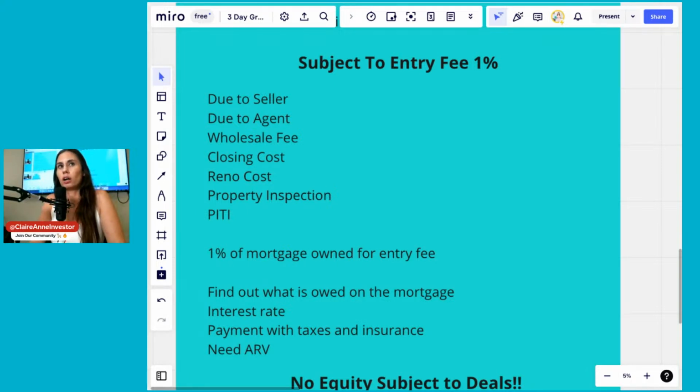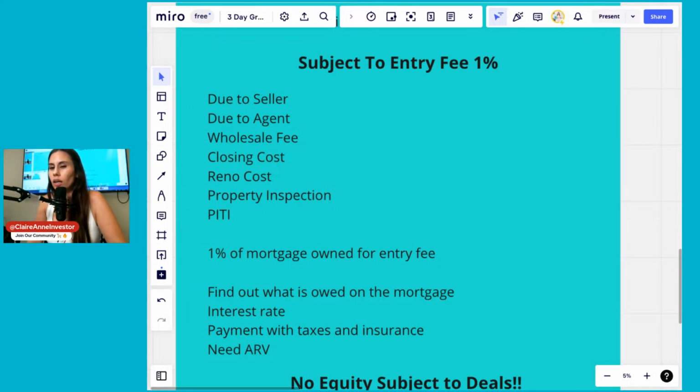Absolutely. On a $200,000 property, I can take a $100,000 wholesale fee, as long as the numbers work and you're able to sell it to a buyer. It doesn't matter what the wholesale fee is, as long as the numbers work. Now with subject twos, obviously, if it's a $250,000 property, you can probably only take around $10,000 in wholesale fee, right? Or maybe 20 if you get away with it.